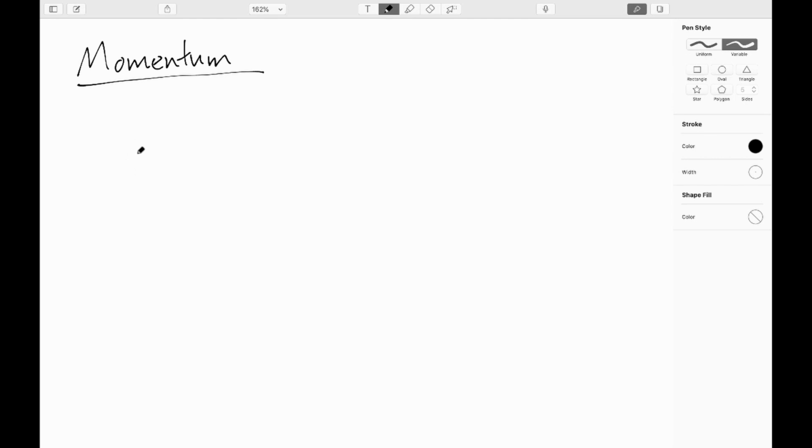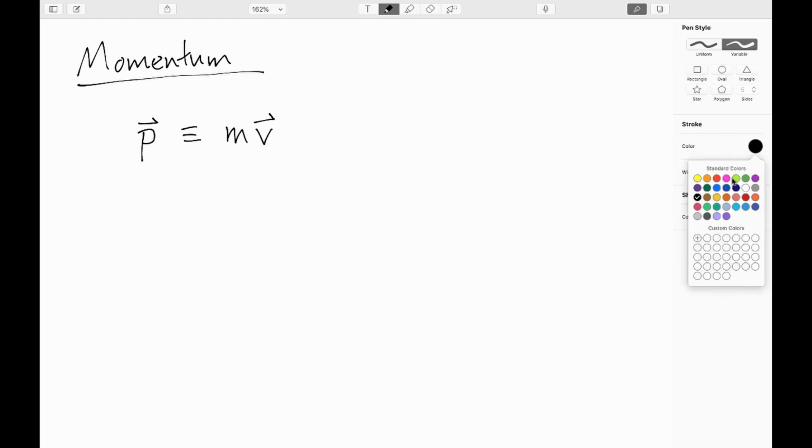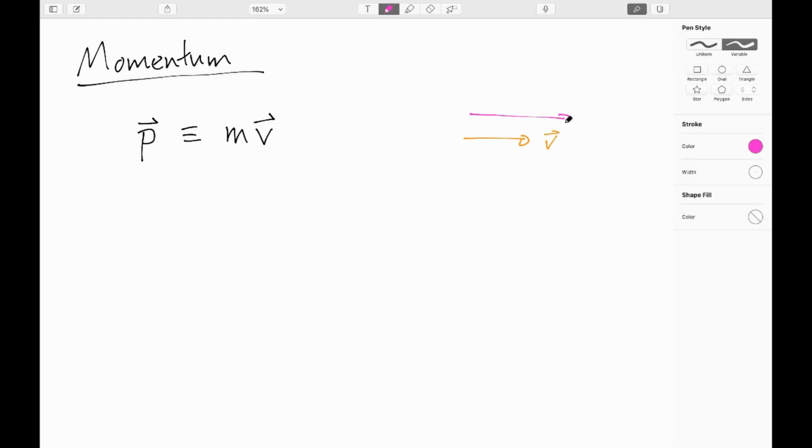So the symbol for momentum is a lowercase p. It is a vector and is defined to be the product of an object's mass with its velocity. And since mass is always positive, this means that the velocity vector and the momentum vector for something will always be parallel.